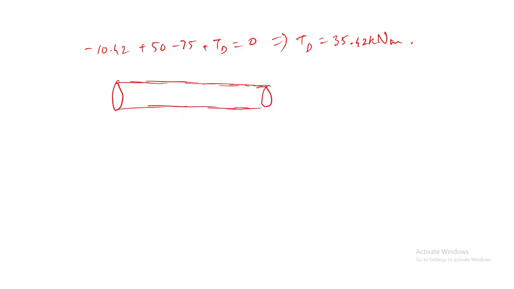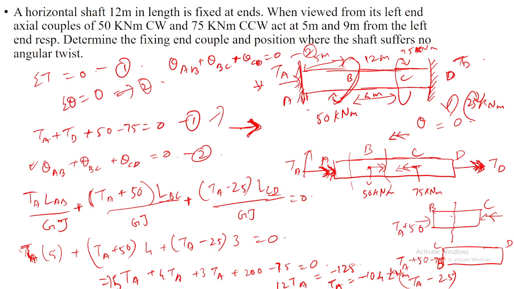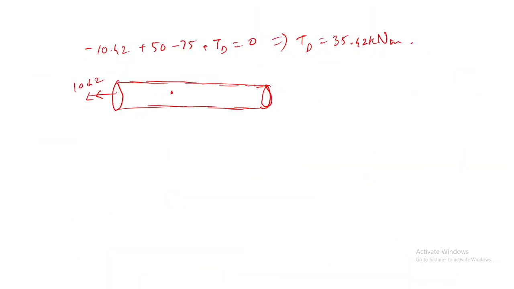TA is in the opposite direction; we assumed it like this, so it should be like this, 10.42. Here it should be 50 on the right side, and then 75 kilonewton meter on the left side, and here towards this side 35.42 kilonewton meter. Here it is 50 kilonewton meter.